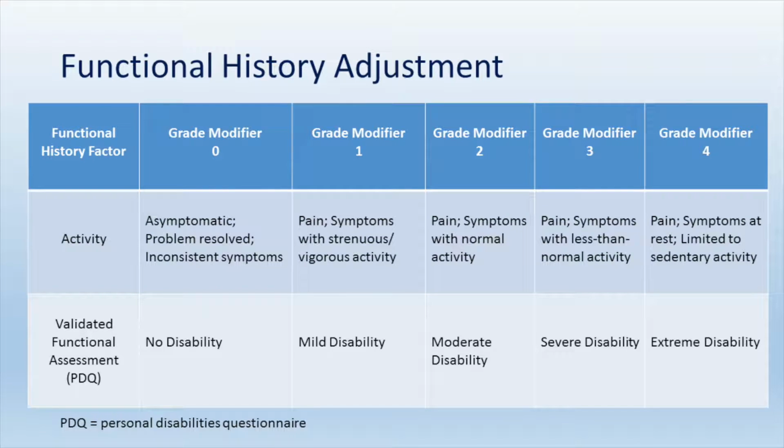The functional history, obviously, there could be no problem, or there could be a very severe problem, likewise for physical examination and the clinical studies. There are more complex functional history adjustment tables where you could assign grade modifiers based on whether the patient was asymptomatic or whether the pain was with activity or with sedentary activity.